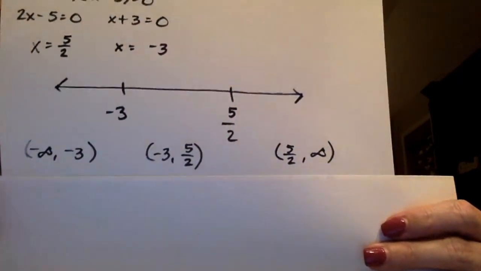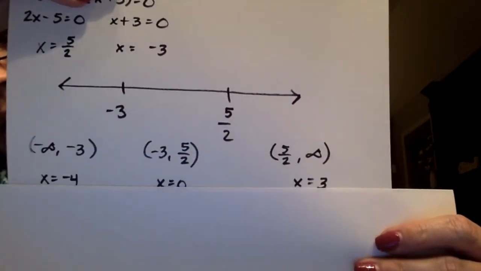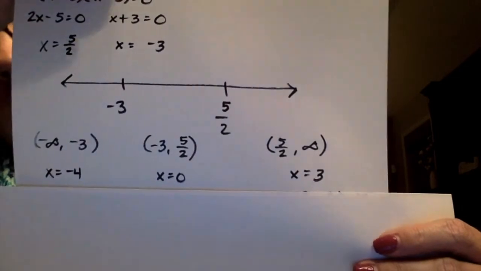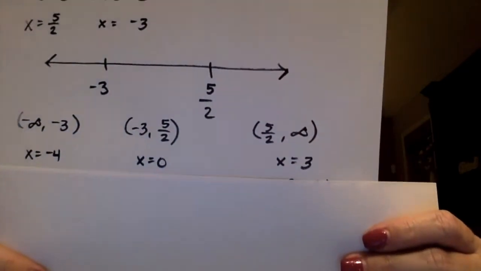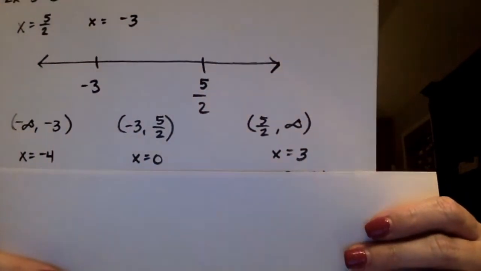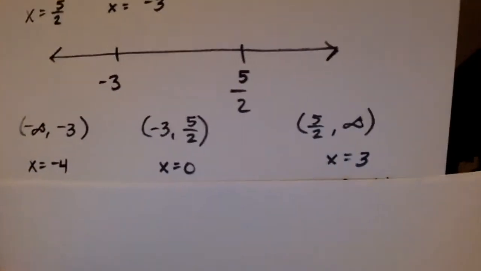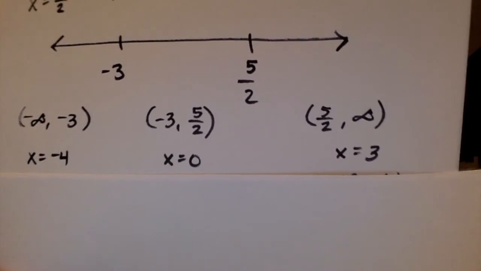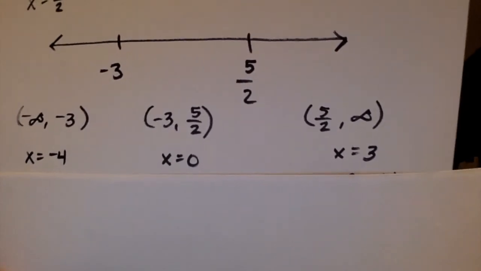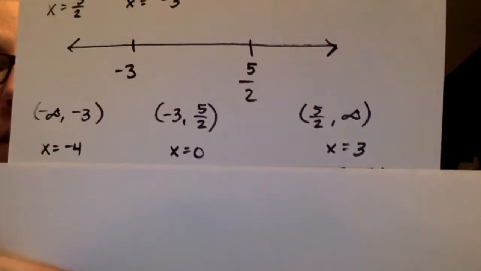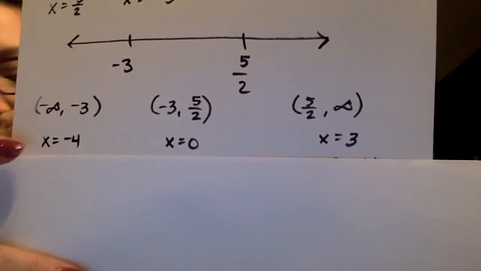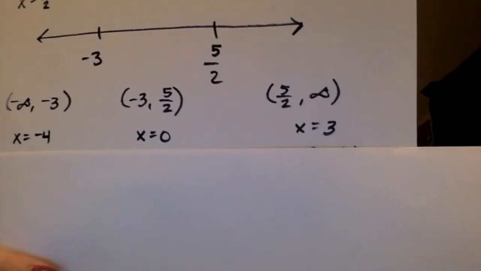Okay. We're going to choose a representative value within each interval. Now, this is where it gets kind of interesting. Don't be ridiculous. Okay, that's my advice there. We don't need to choose some number that's super close to negative infinity, right? In fact, I'm probably going to choose something just inside that interval, like x is negative 4.